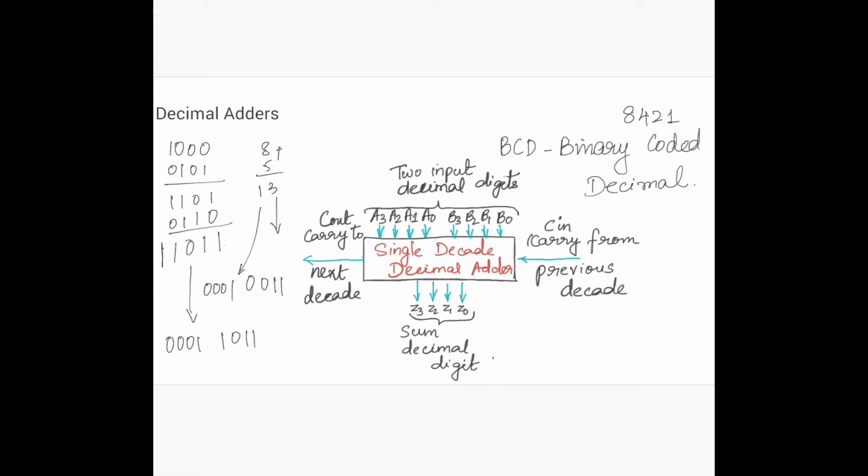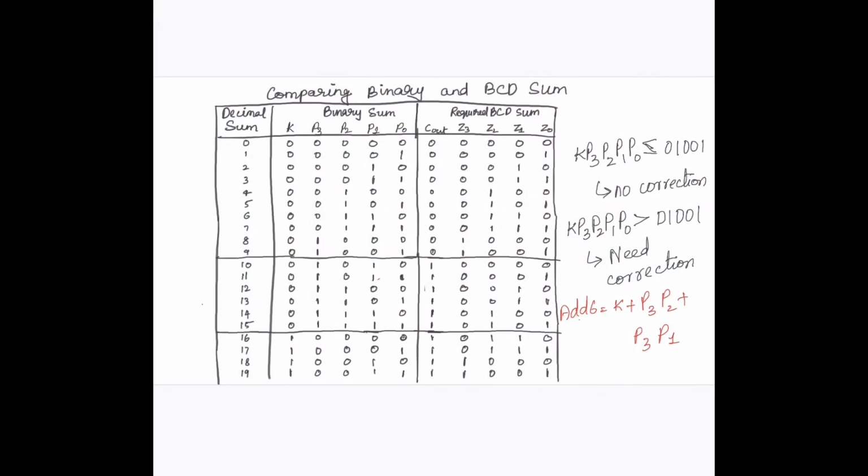Then whatever output we obtain is the same as the BCD result. So whenever we are adding using BCD, there is a correction technique to be applied in order to make it the correct answer. So this is the truth table for binary sum and the required BCD sum.